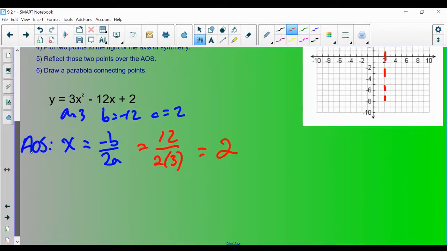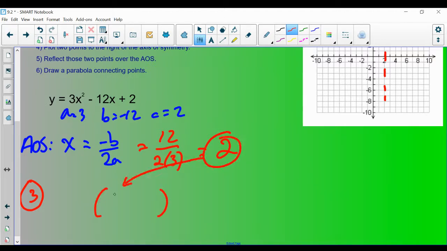Step 3 says to find the vertex. Remember, the vertex and the axis of symmetry are always going to have the same x value. That's going to go right here. So it's going to be 2 comma something. To find that something, we're going to take 2 and plug it in for x. So we're going to have 3 times 2 squared minus 12 times 2 plus 2.